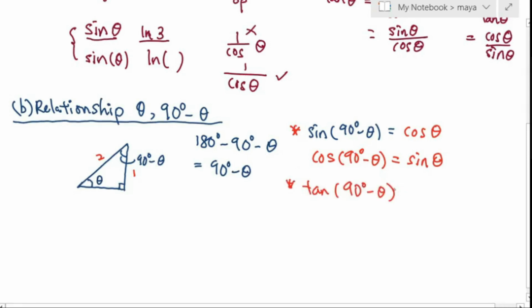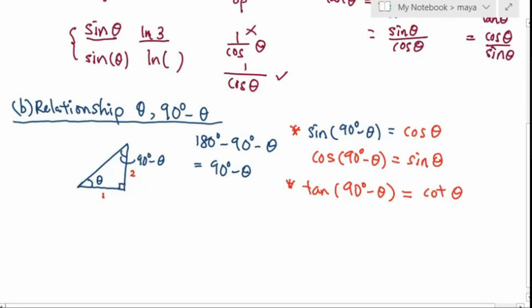If I'm doing tangent 90 minus theta, tangent will be referring to the opposite over adjacent, so these two sides. Opposite and adjacent. So actually it equals cotangent theta, because cotangent is 1 over tangent, the inverse of these two.